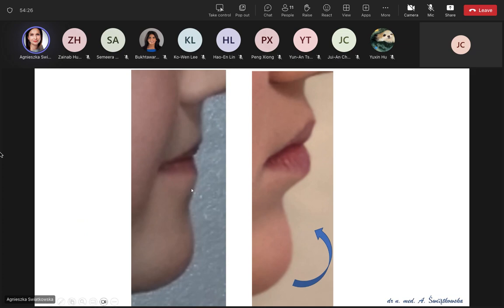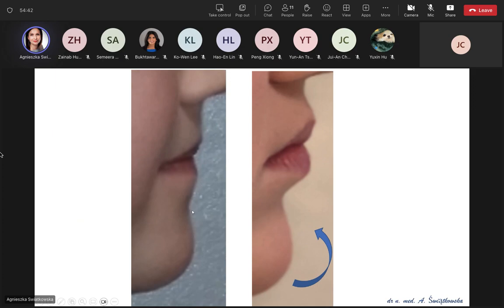And look, this is this boy after probably 2 years of treatment. He was only sleeping in this appliance. Look at the mentolabial sulcus here.